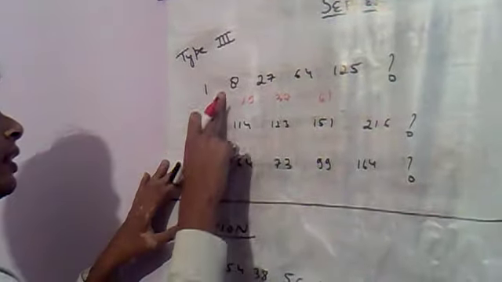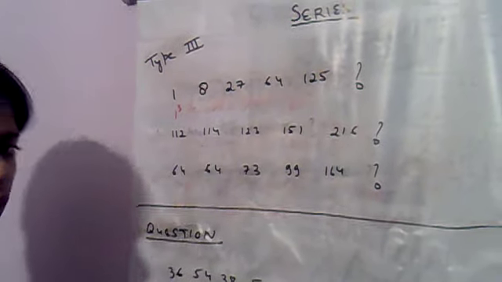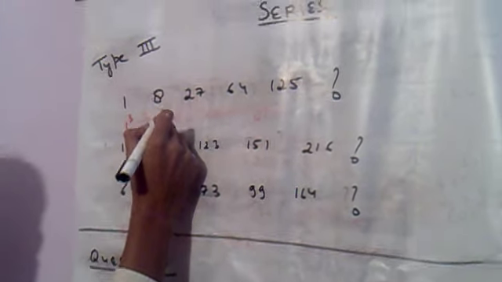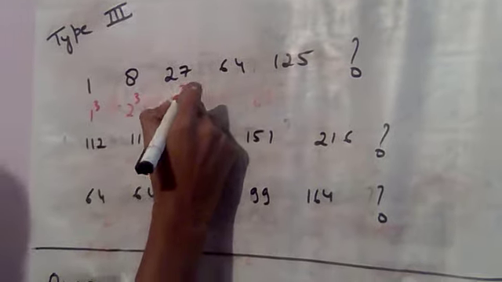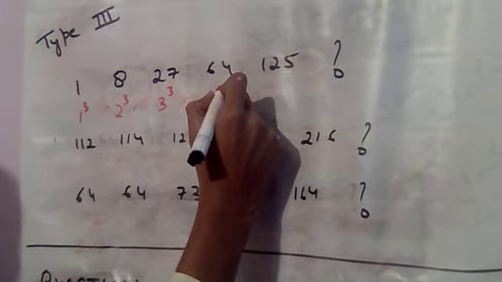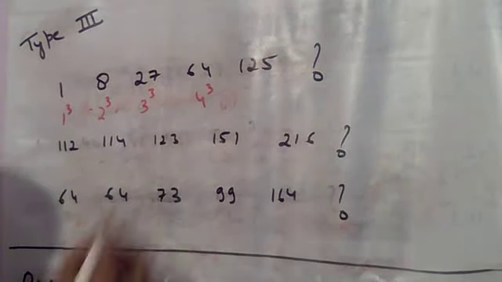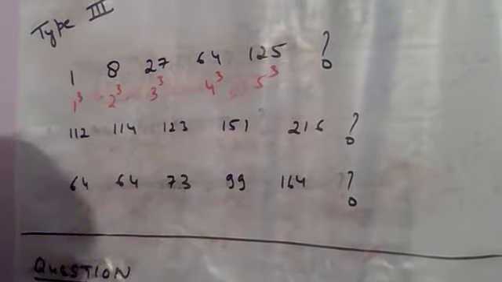Over here we can see that 1 can be written as the cube of 1, 8 can be written as the cube of 2, 27 can be written as the cube of 3, 64 can be written as the cube of 4, and 125 can be written as the cube of 5.